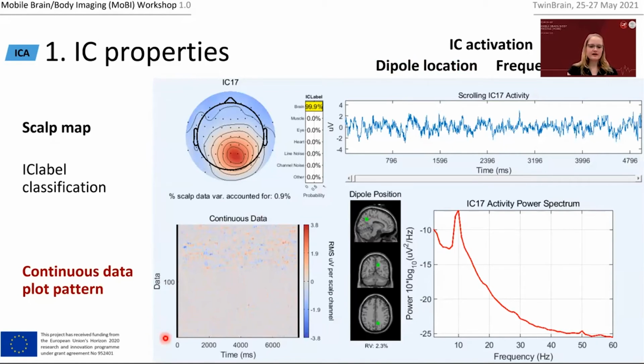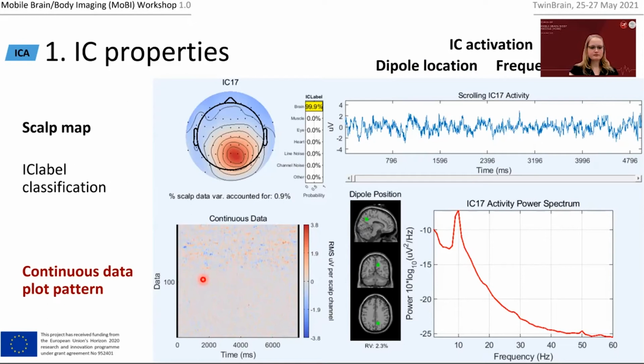You do have epoch data from the beginning to the end, and every 8-second epoch is 1 layer, and then you have all of the epochs stacked upon each other, and the magnitude of the activity you have plotted in colors.